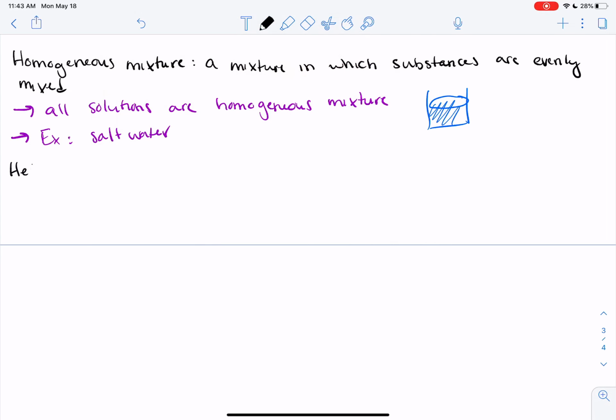The opposite of that is a heterogeneous mixture. So this is a mixture that is not the same throughout.